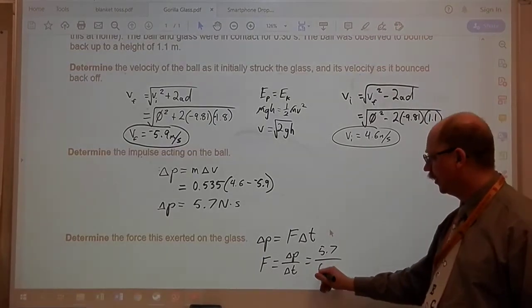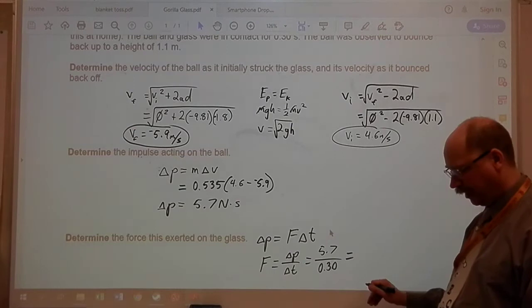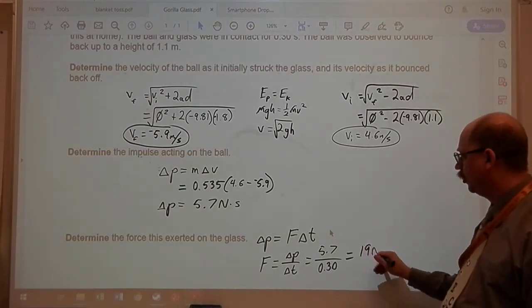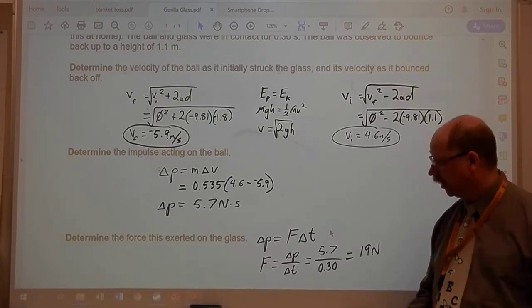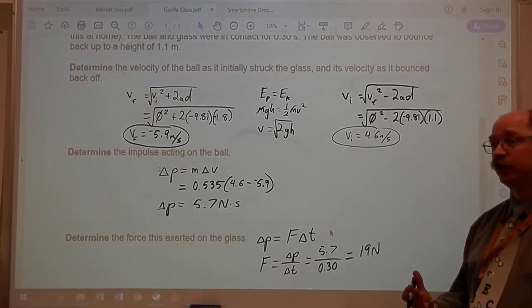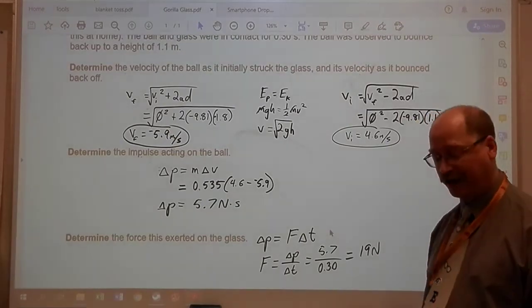Back to here though, the time, 0.30 seconds, gives me 19 newtons of force. That's how much is actually exerted on it during that collision event. That's actually a significant amount of force acting on a thin piece of glass.